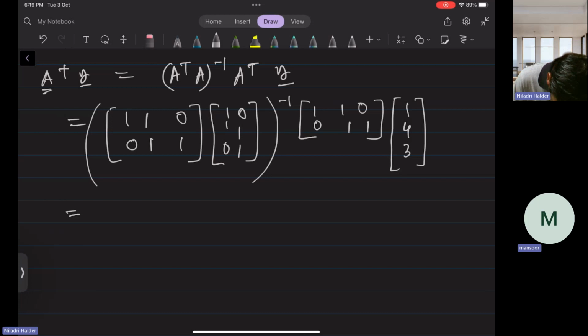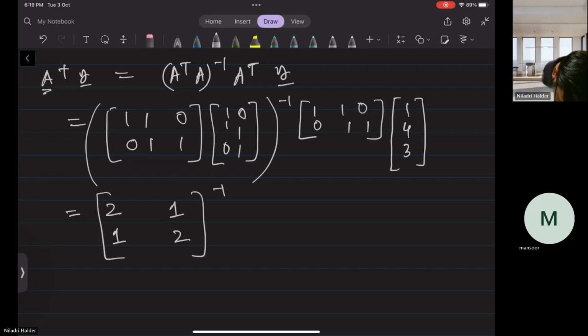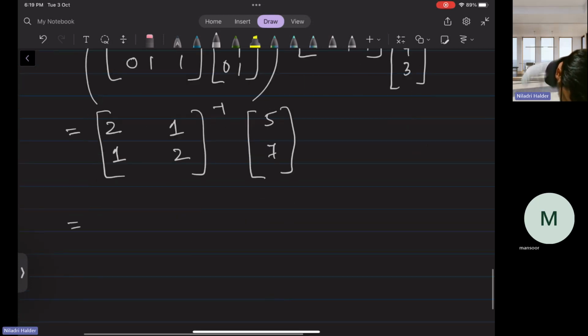So this becomes 1 plus 1, 2, then 1, 0, so this is the 1, then 1 plus 1, 2, inverse of this into 1 plus 4, 5, and then 4 plus 3, 7. So it is equal to 4 minus 1, 3.